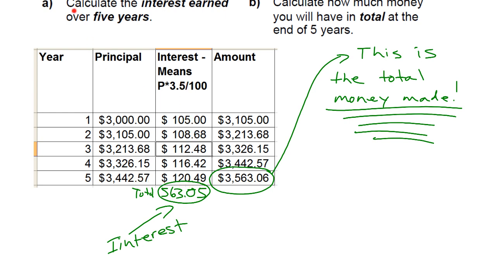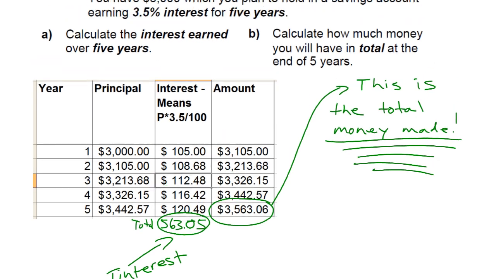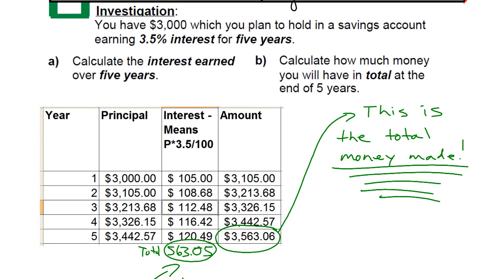Now, this is how a GIC works. A GIC will say, if you give us $3,000, we'll give you 3.5% interest over 5 years. That is how it works. Basically, you think of a GIC, a guaranteed investment certificate, as a savings account which you lock in and you can't touch for 5 years.